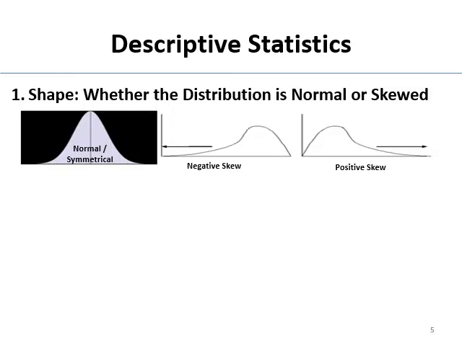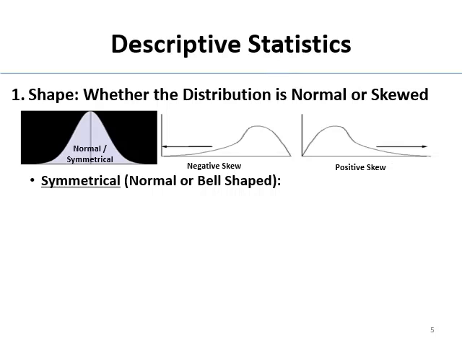They are not bell-shaped. They have a long tail. The way I remember negative versus positive skew is I think of the number line from back in elementary school. The number line started in the middle with 0, and to the left was negative, and to the right was positive. And so if the tail of the distribution goes to the left, it's negative skew. If the tail goes to the right, that's positive skew.